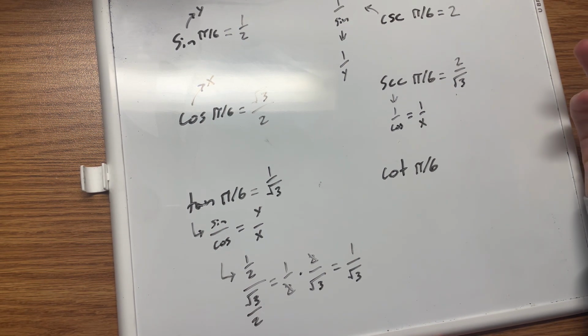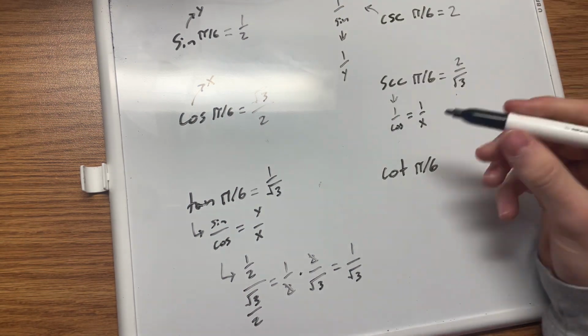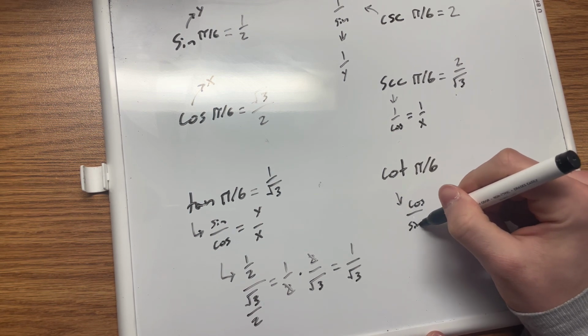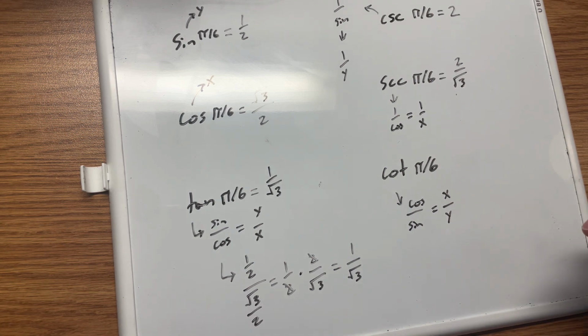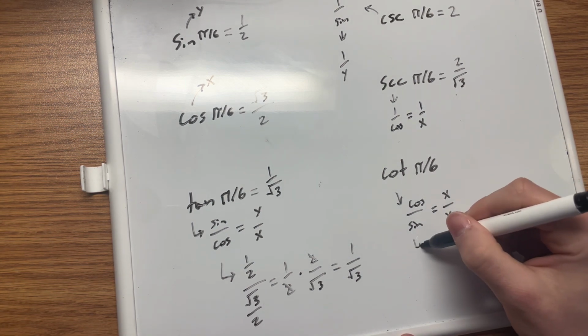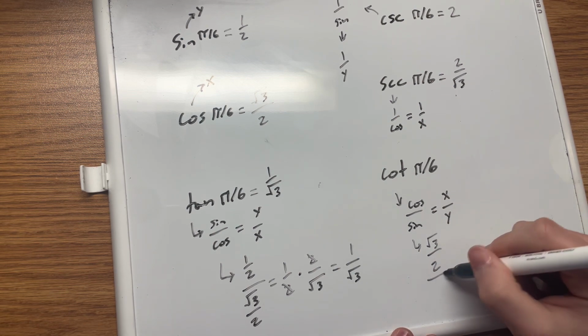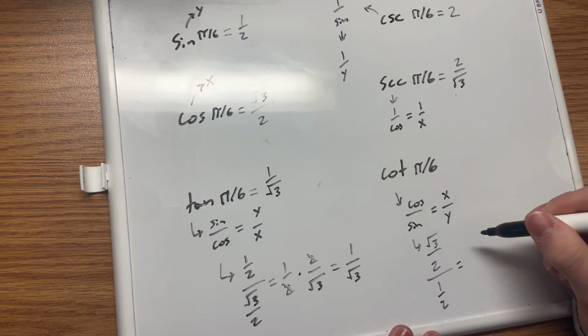And then our cotangent, again, is just derived from these two values. So our cotangent is just cosine over sine, which is just going to be x over y. So then we're plugging that in. We get √3/2 divided by 1/2, which is, again, you just multiply by the reciprocal.